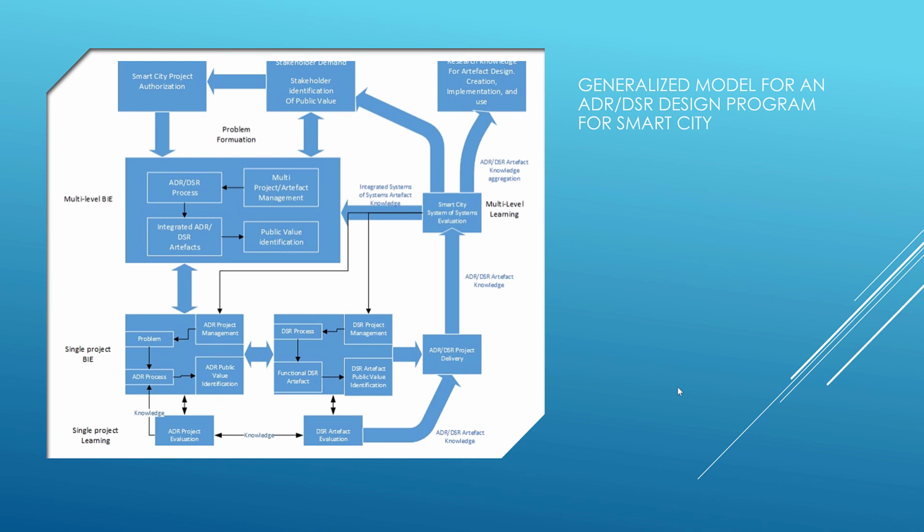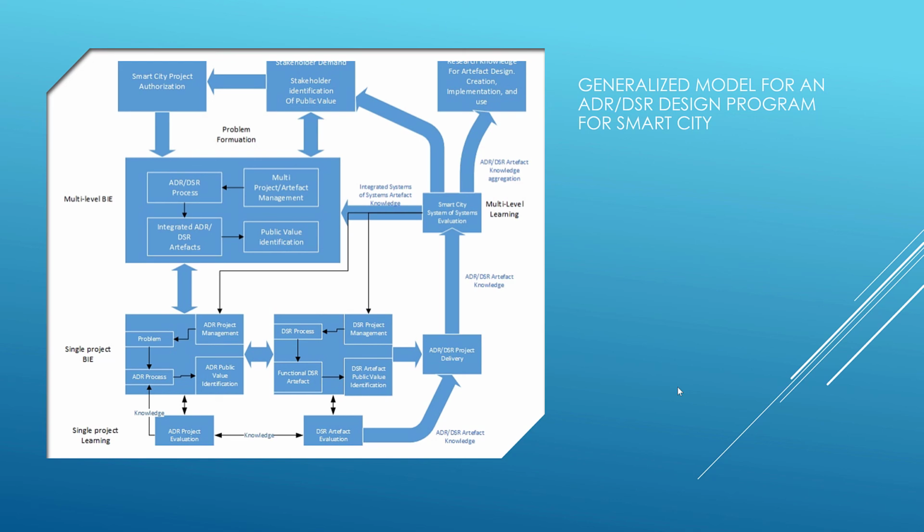We're trying to create a whole system that is fully integrated, and then at the single ADR level, we can build, implement, and evaluate an ADR project. We have individual project management, and we have our DSR, our information systems projects. If new databases need to be created, if new system artifacts need to be built, new programs, if new things need to be integrated together, new sensors need to be added in.